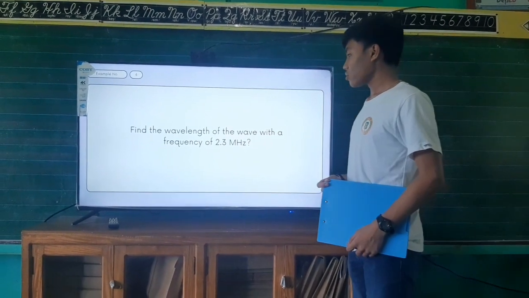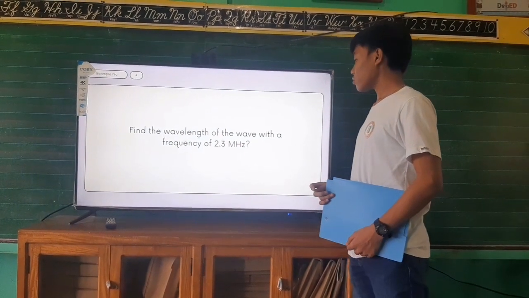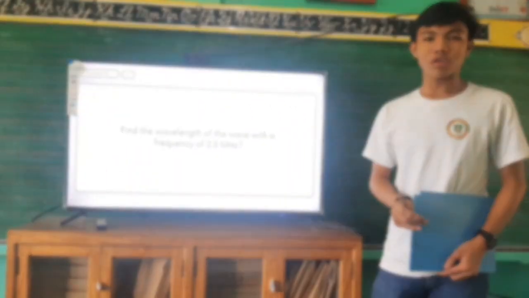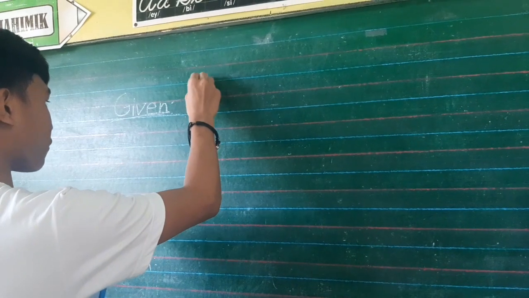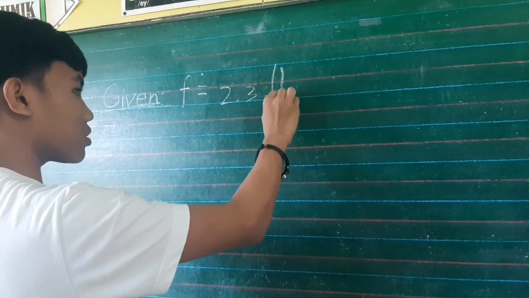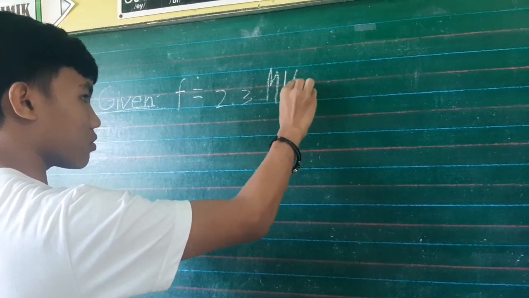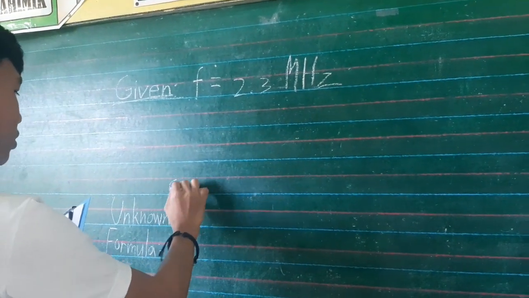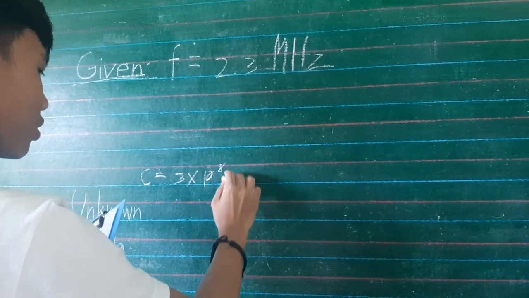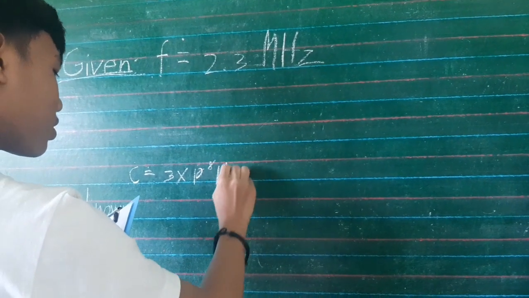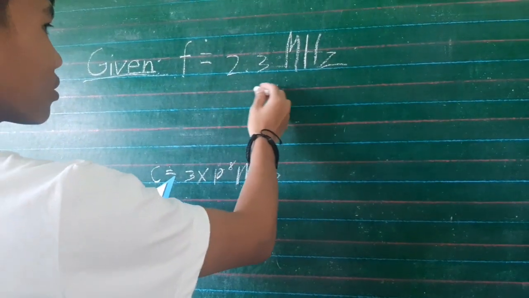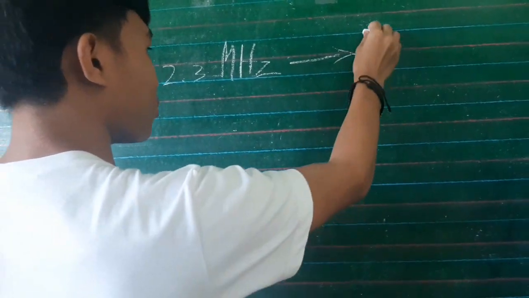For the fourth example, we have: find the wavelength of the wave with a frequency of 2.3 megahertz. Let's go equate. Identify the given, with the frequency being 2.3 megahertz and the wave speed being 3 times 10 raised to 8 meters per second. Before we can equate, we must first turn megahertz to hertz.